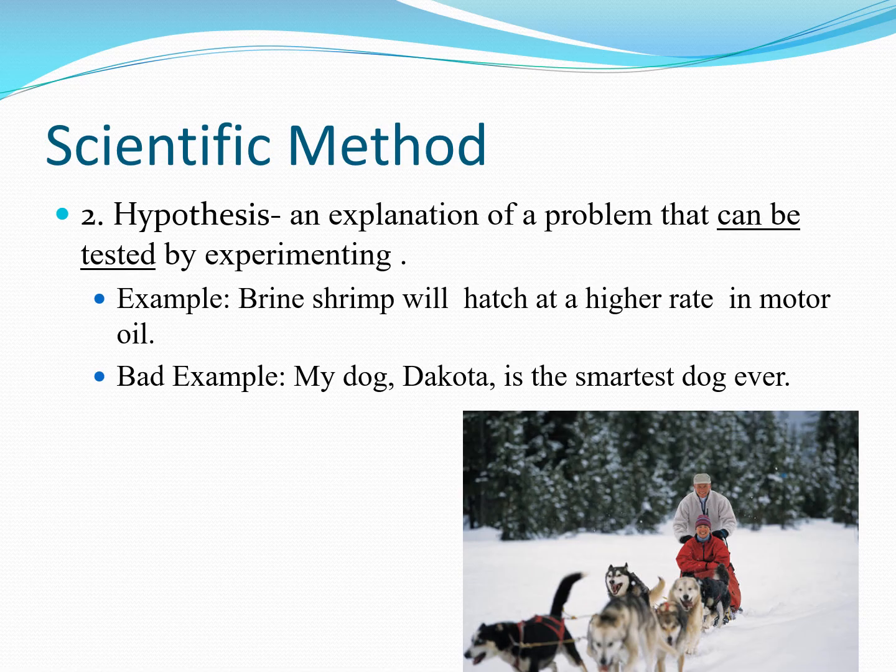The more often used definition for a hypothesis is an educated guess. And so a lot of times when people say, what's a hypothesis? An educated guess. That's perfectly fine. And that's what you can jot down in your notes, educated guess. And the key word there is it's a guess. You don't know what's going to happen.